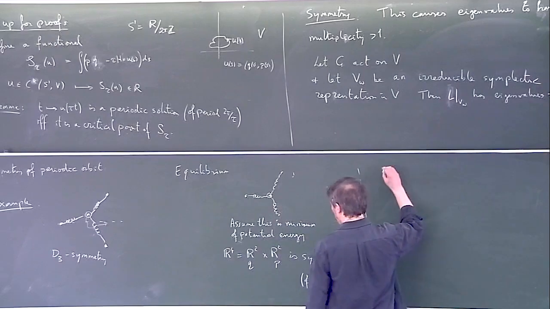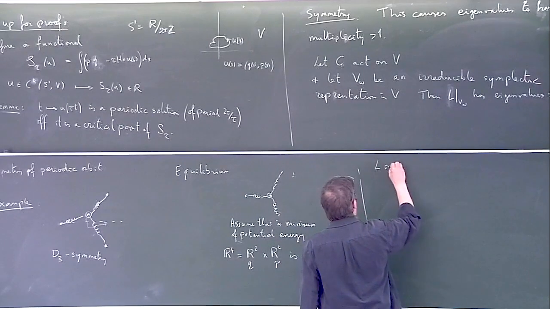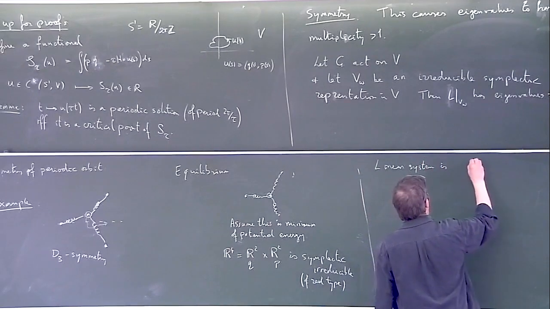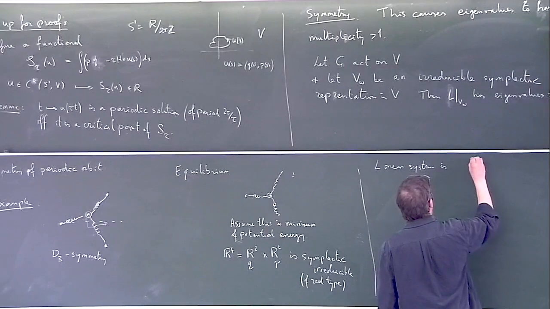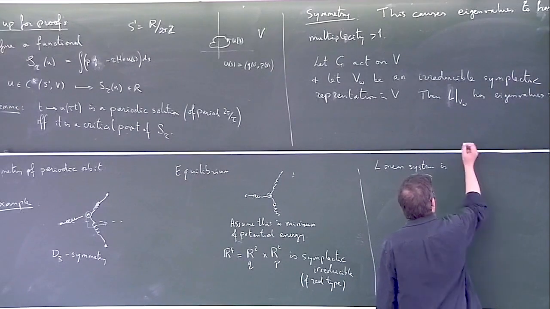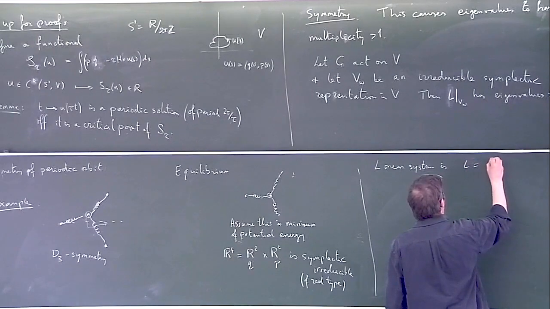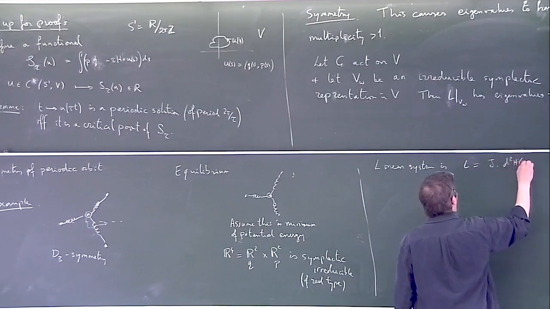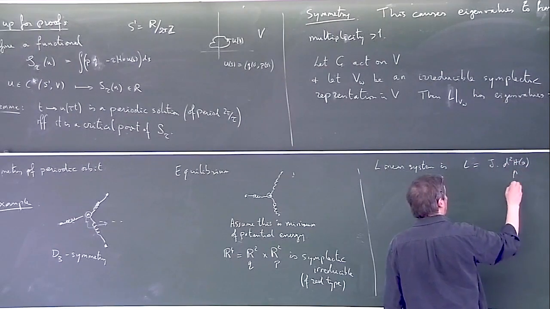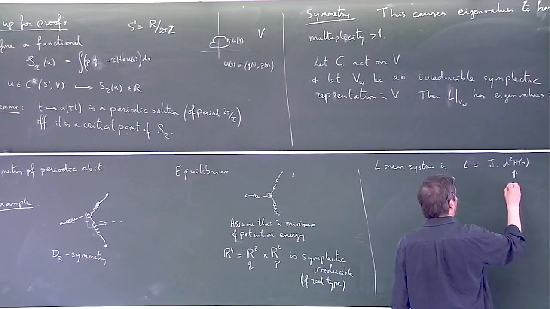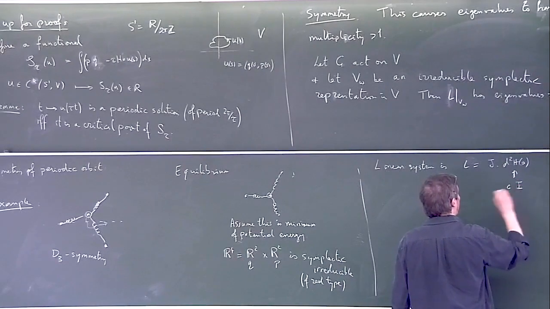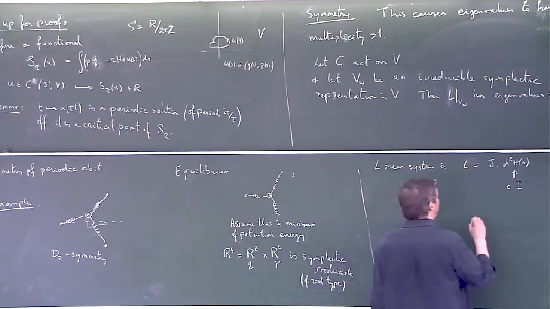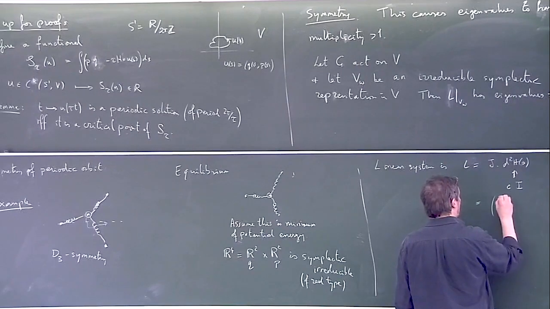So the linear system, the Hessian, is just a scalar multiple of the identity, the four by four identity.